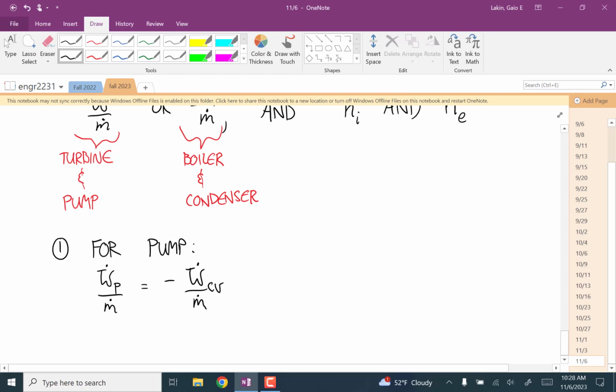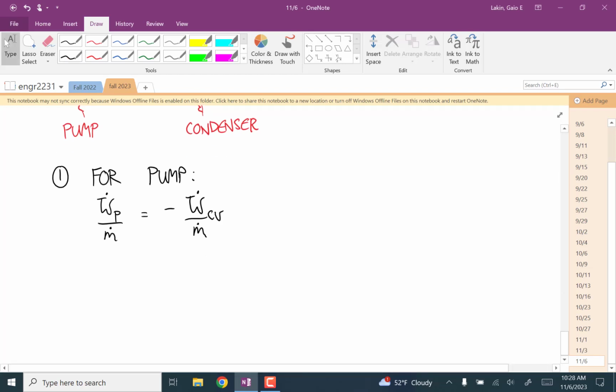Are you with me on that? In the first law, W dot is positive if work is being done by the system, but the pump needs to bring in work. So that's why you get that negative.